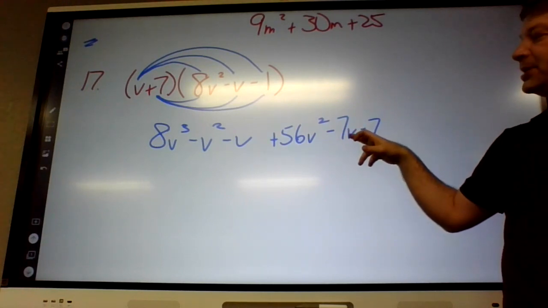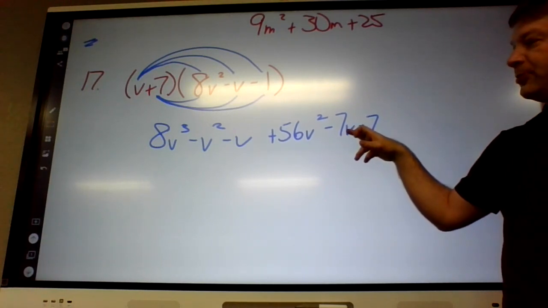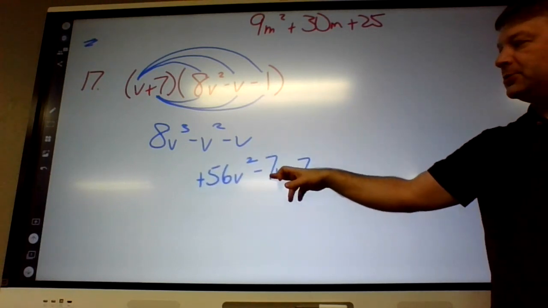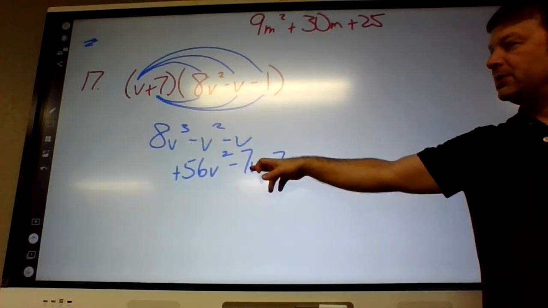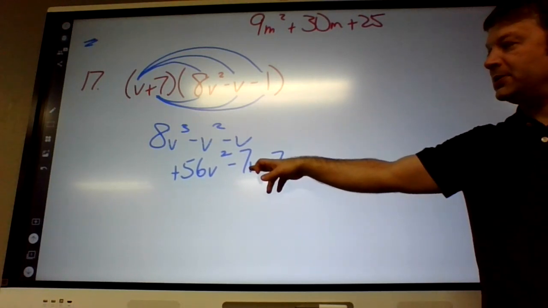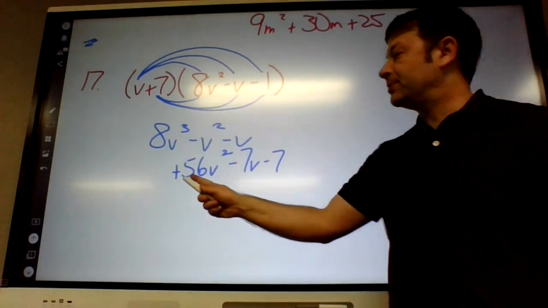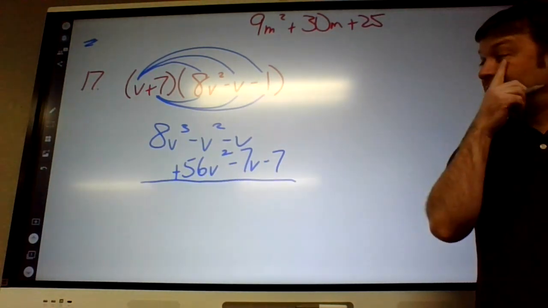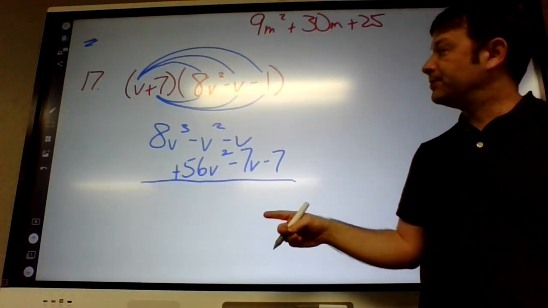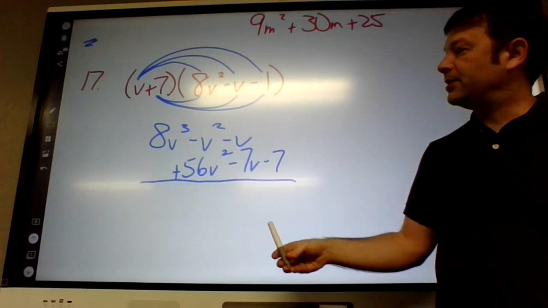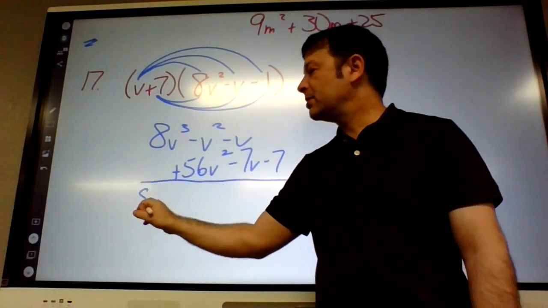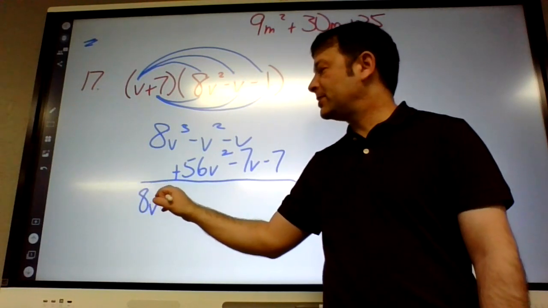Okay, but I usually didn't write it over here. You guys remember what I usually did? Usually put it right there. Does it matter? No, but it just gives you a little bit better visual, because when you go to simplify, you have your like terms lined up. So 8v cubed by itself.